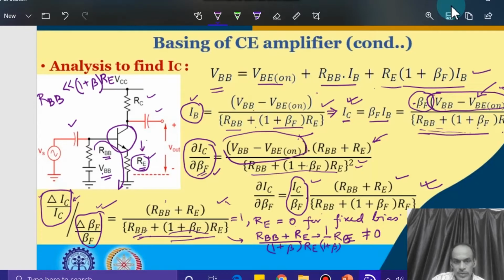And typically for self bias, what we do is take RBB less than or equal to 1/10 of 1 plus beta into RE to get a meaningful effect on the bias point stability by placing this RE.